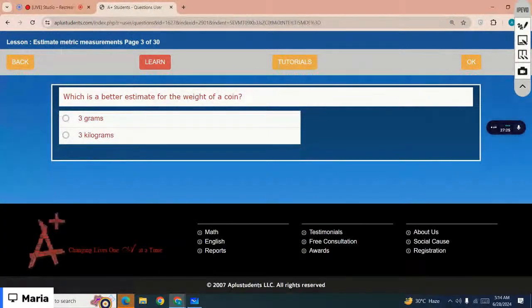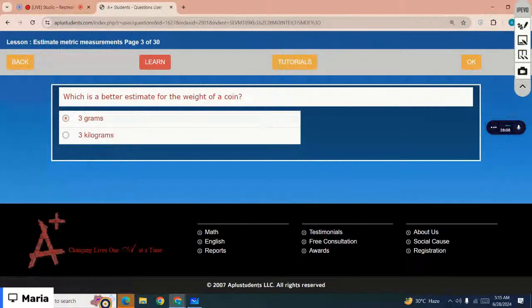Which is the better estimate for the weight of a coin? 3 grams, 3 kilograms, which is the correct option? That is just a point, right? So that would be 3 grams.